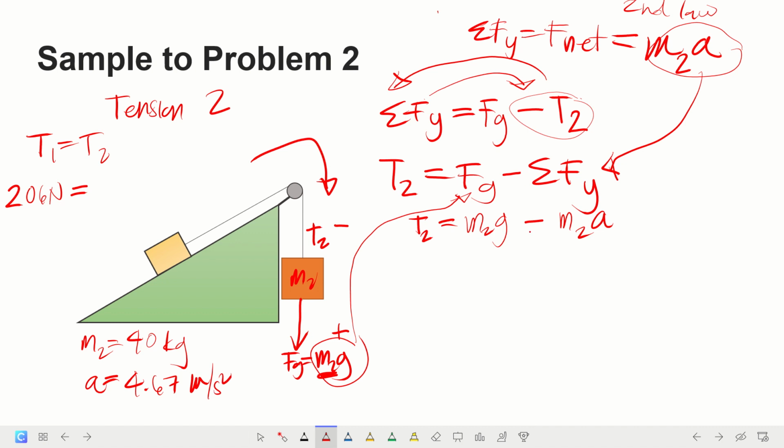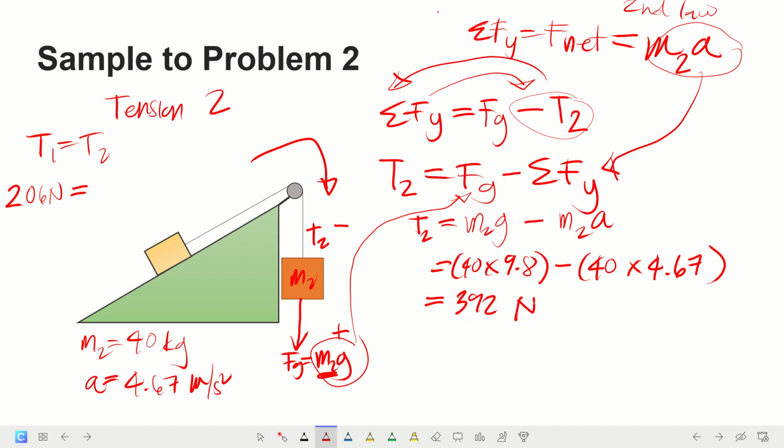So, palitan natin ng value itong equation natin. So, m2, 40 times 9.8 meter per second squared minus 40 kilograms times 4.67 meter per second squared. 40 times 9.8 is equal to 392 newtons.